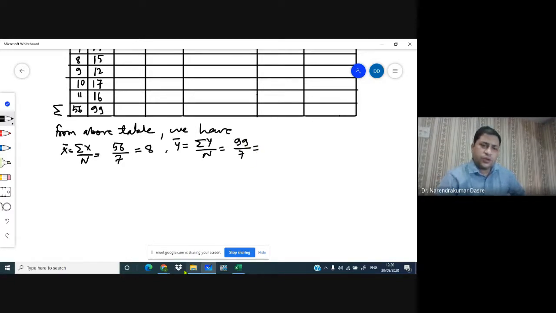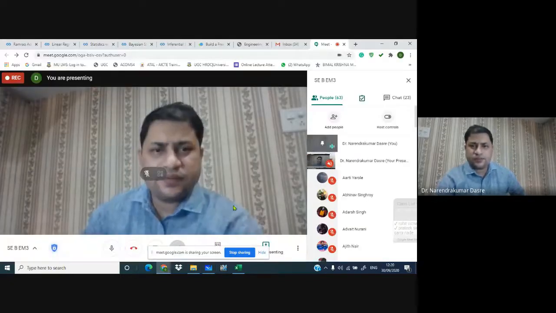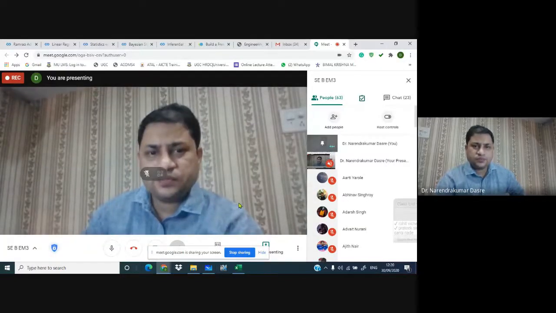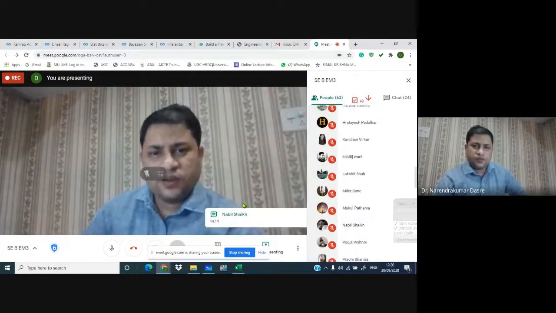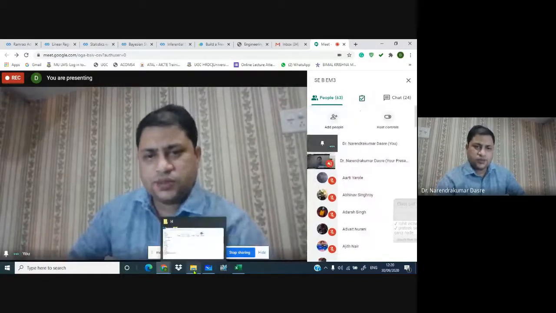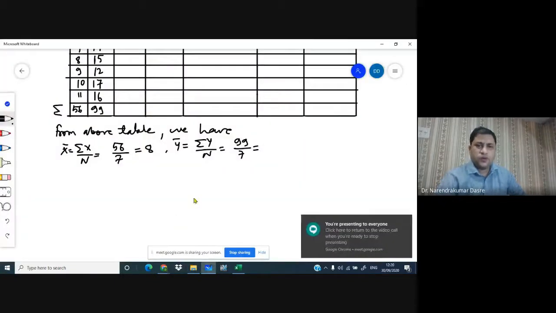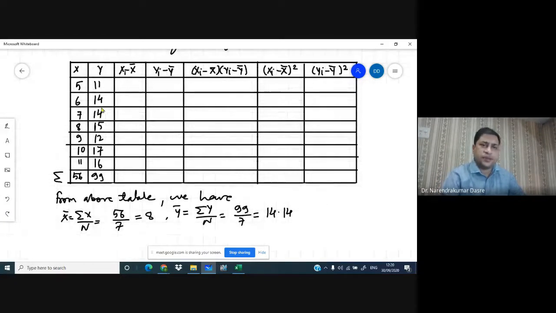So give me what this average Y bar is. 14.14. Okay, that's great. Once I got these two values, I am able to calculate the remaining table.